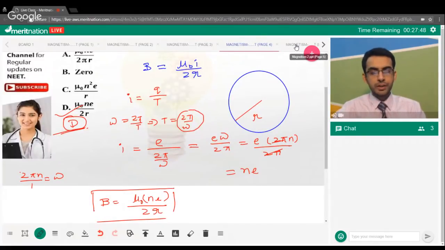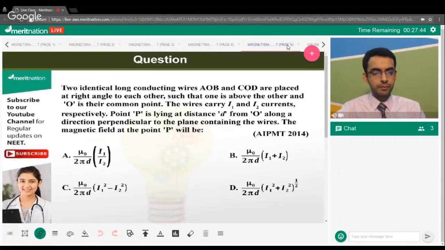Okay, let's move to the next question. Two identical long conducting wires AOB and COD are placed at right angle to each other such that one is above the other and O is the common point.